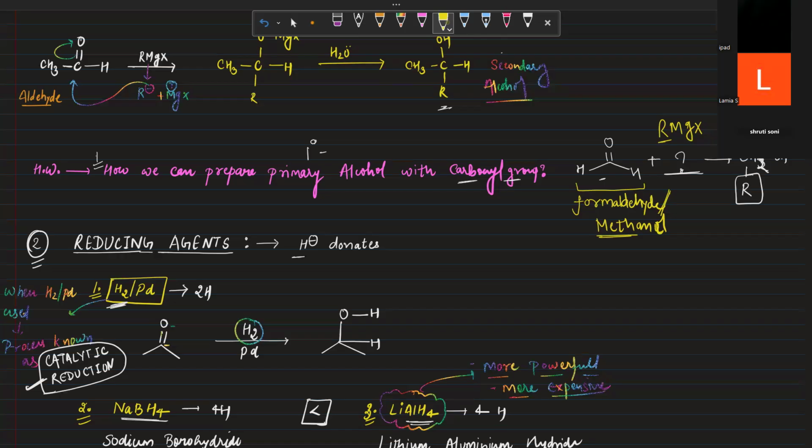In method of preparation, we saw two methods: from alkene and from carbonyl, we can form alcohol. From alkene, there are three methods. Can you tell me all three? I need to do a little more revision on that.